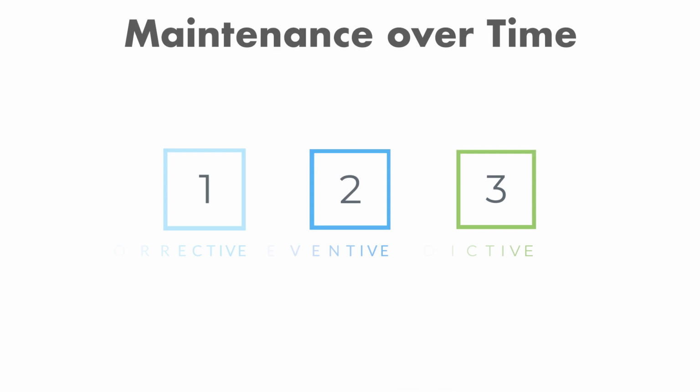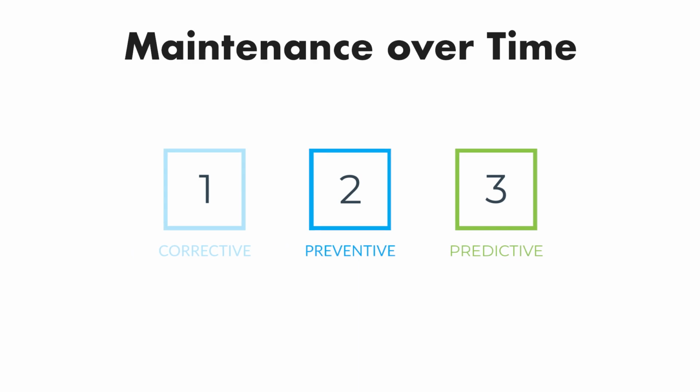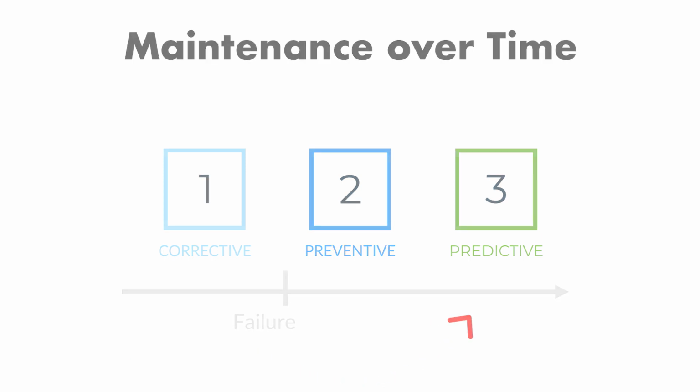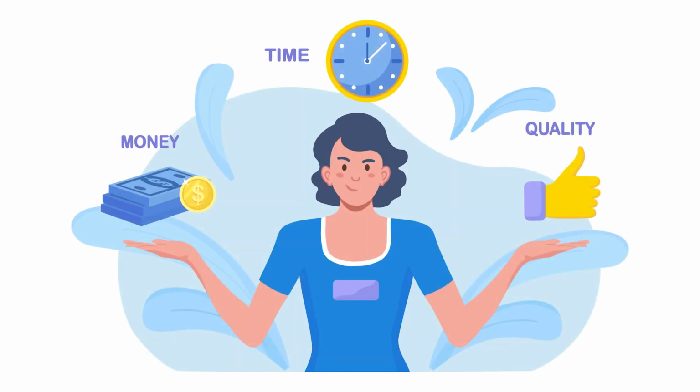So in the beginning there was corrective maintenance, which was essentially the idea that maintenance could occur after failure. So you would let the failure occur, perhaps with some redundancy in the systems, and then the maintenance would take place. But this had high costs, because every time that you would let the system fail, this would incur costs.